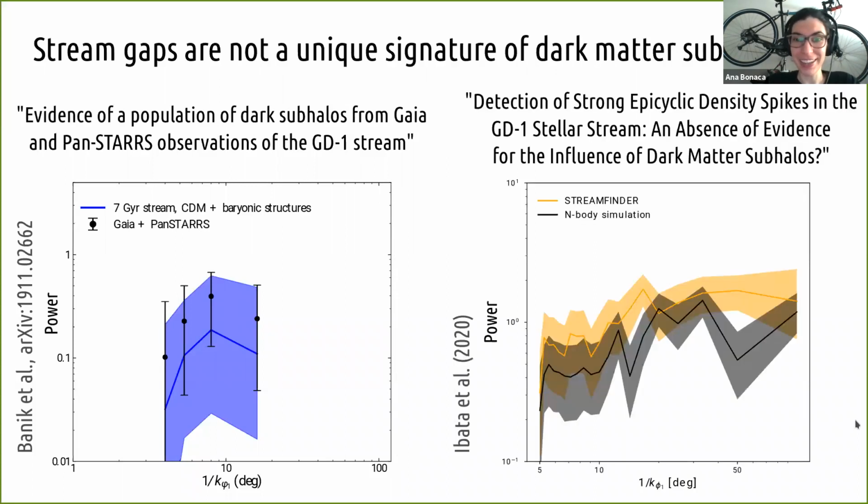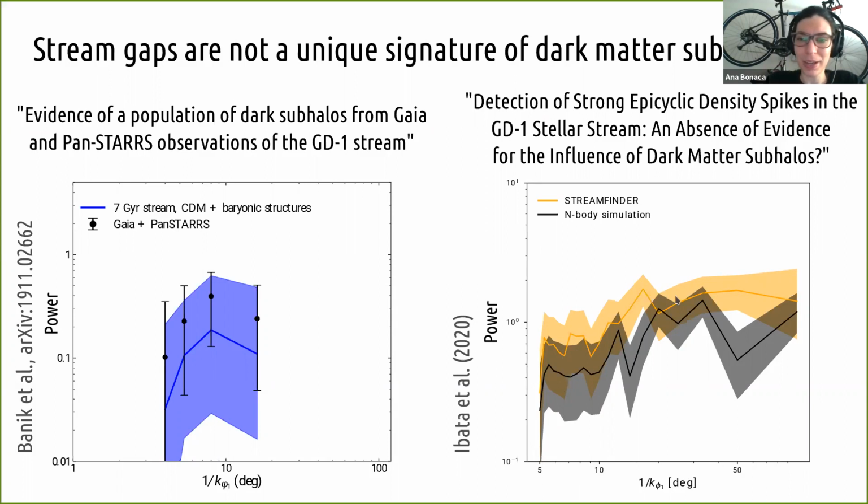However, more recently, there was another paper from Rodrigo Ibata's group that performed a similar analysis. They have a slightly different selection of the stream, and the data on this panel is shown in yellow. Again, the x-axis shows the scale in degrees, and the y-axis shows the power.